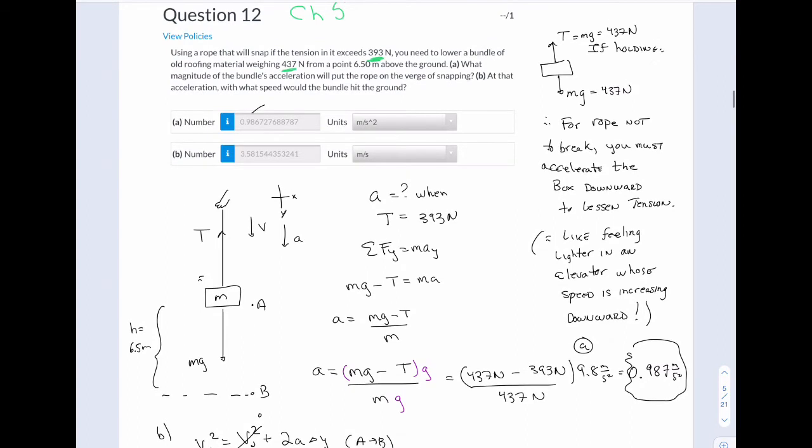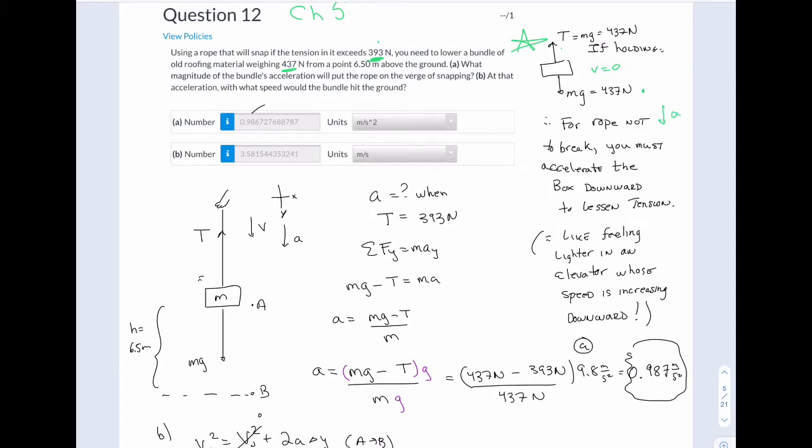If it's not moving, you would have to have a tension of 437. That rope will break at 393, so you can't hold that steady. With that rope, you would have to lower it rapidly. You'd have to accelerate it downward.